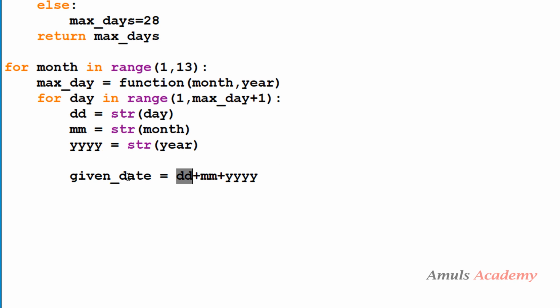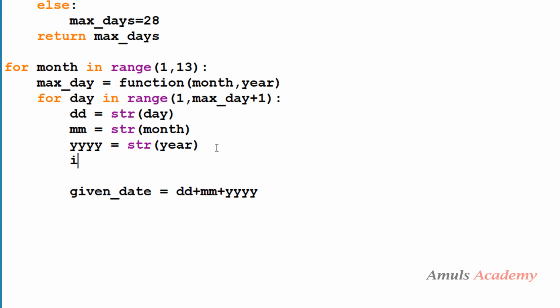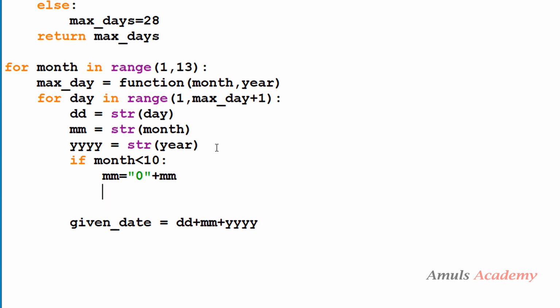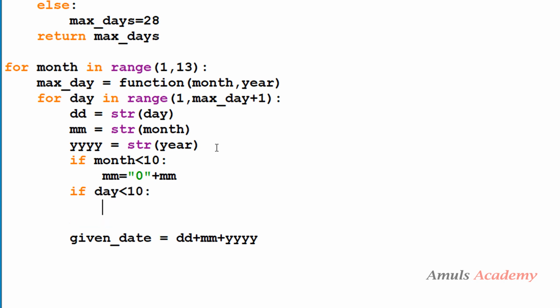When we are taking the date in this format, when month is less than 10 or day is less than 10, we need to write it as 04, 05 like that.